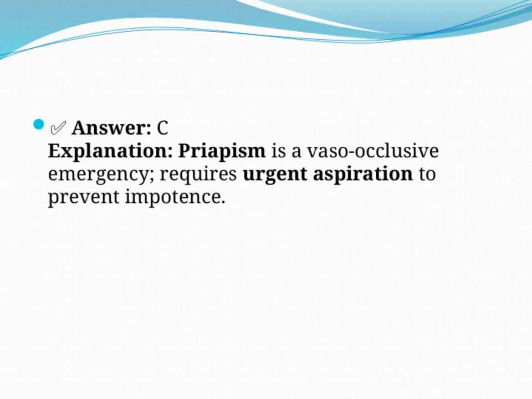If not treated promptly, priapism can lead to fibrosis and ultimately cause impotence. So, recognizing the emergency and acting quickly with aspiration is crucial to preserve future erectile function. This highlights the importance of understanding vascular emergencies and their timely management within our overall approach to patient care.